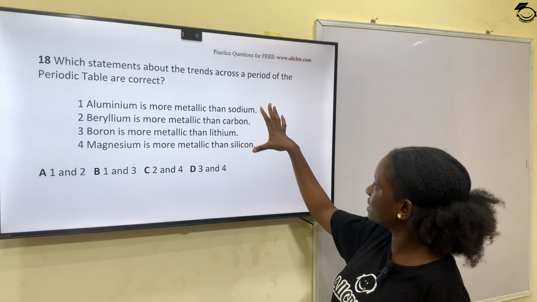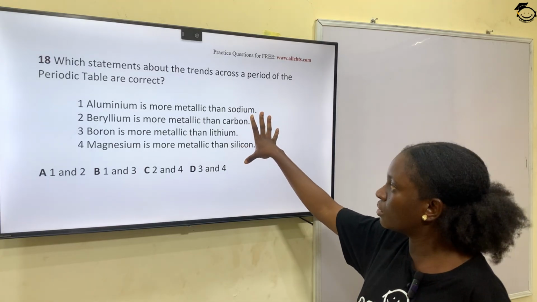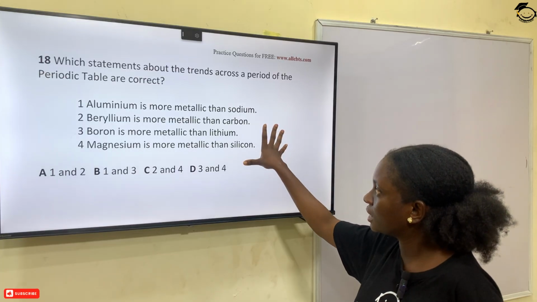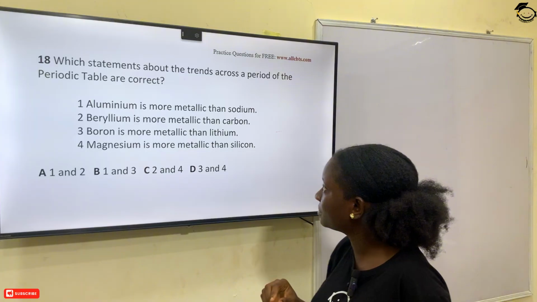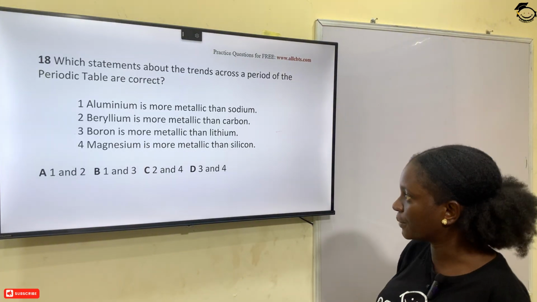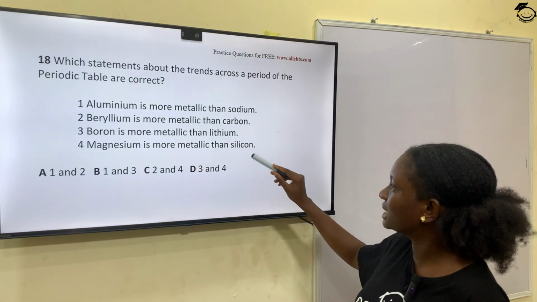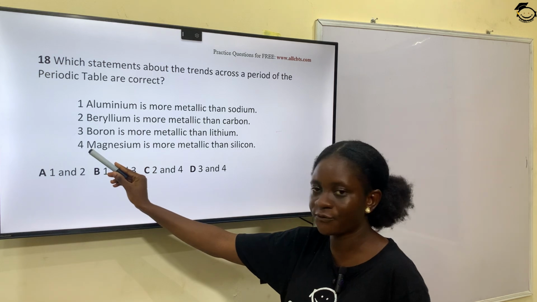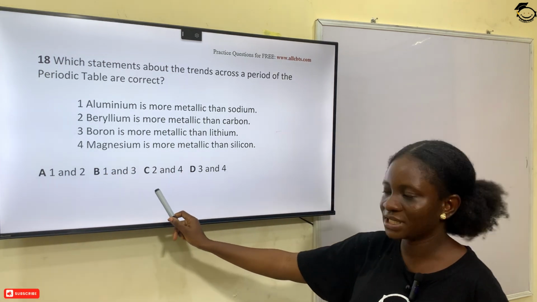So which of these statements are correct? The two statements that are correct are beryllium is more metallic than carbon, and magnesium is more metallic than silicon. So 2 and 4 are correct. That makes option C the correct answer.